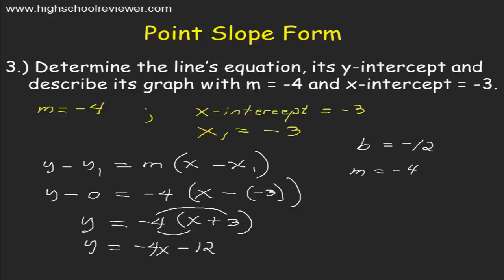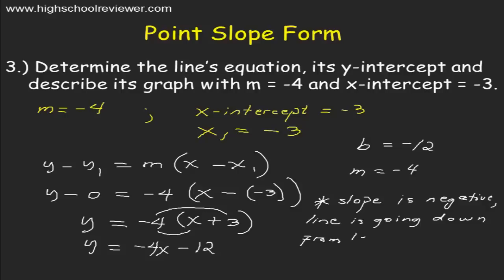So since our slope is negative, our line now is going down from left to right.